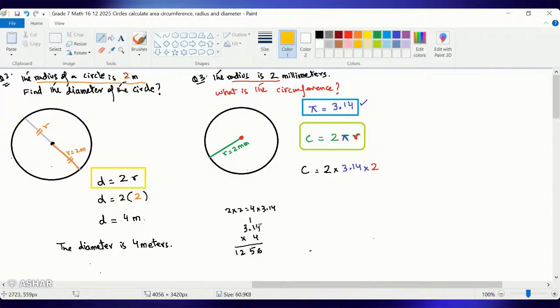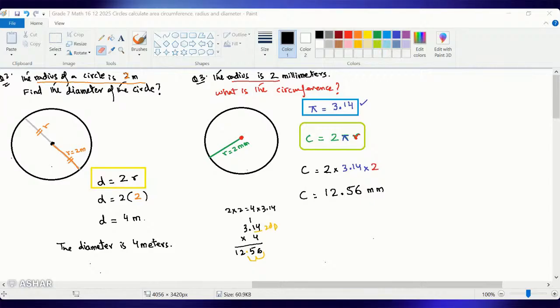We have 2 decimal places over here, so we apply 2 decimal places. That means the circumference comes out to be 12.56 millimeters. So we have to give the unit. Whenever we are finding lengths, we have to write down the unit of that particular length. Okay, any questions?